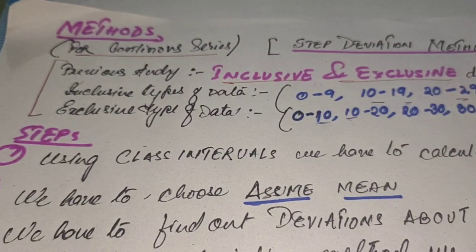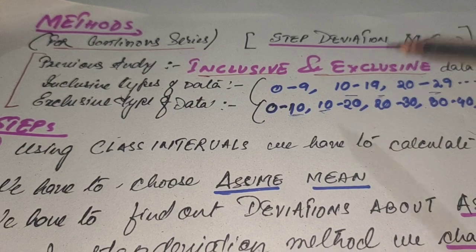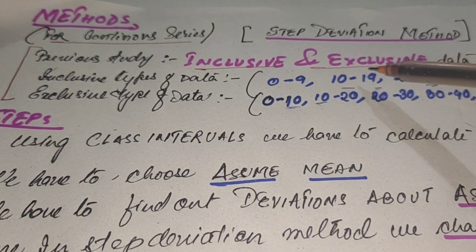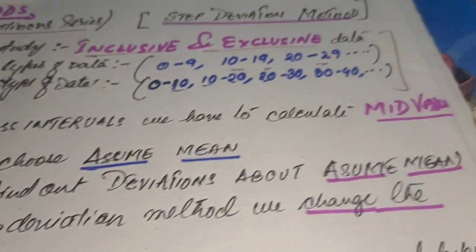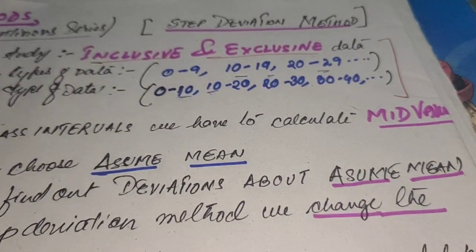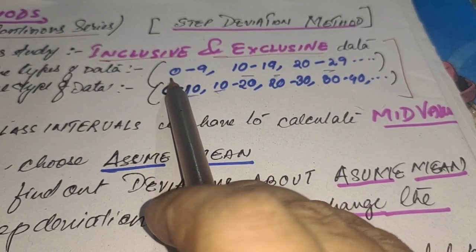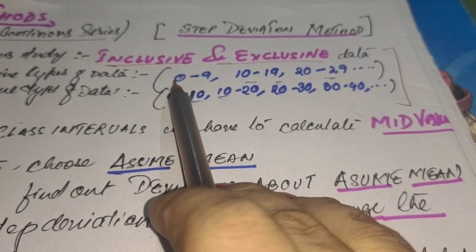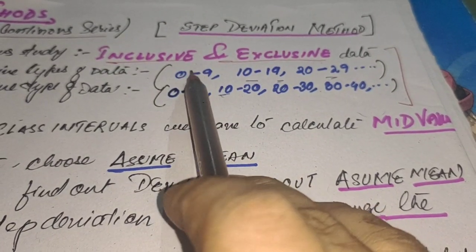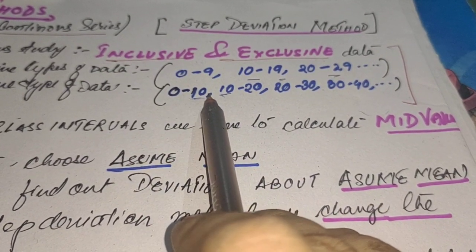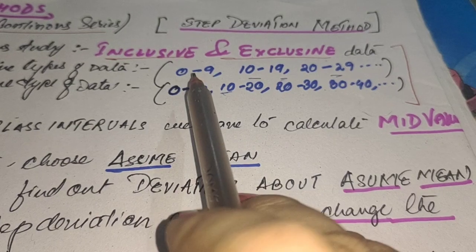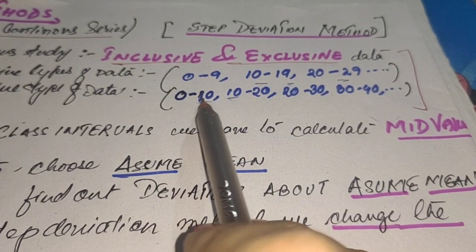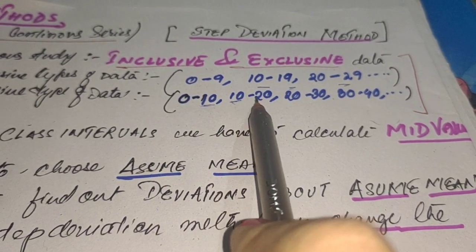Now, whatever the class interval, inclusive or exclusive, we have to calculate the mid value. Mid value means we add the upper limit and lower limit and divide by 2. Suppose for this one, 0 plus 10 divided by 2, the mid value for this class interval will be 5. For this one it will be 15.